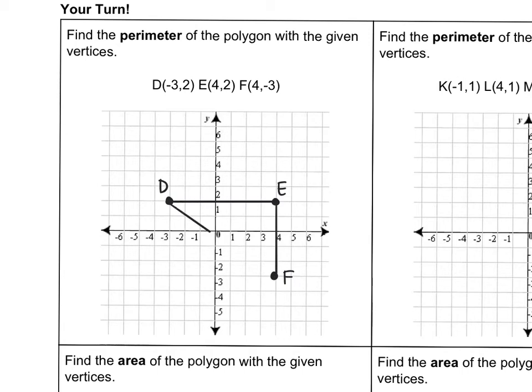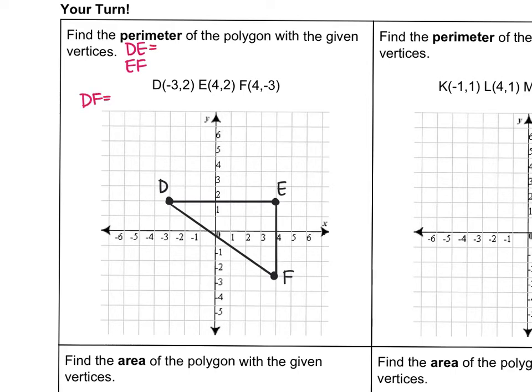And then I need to find the length of each of the sides in order to actually find the perimeter. So my side lengths are DE, EF, and down here, DF.